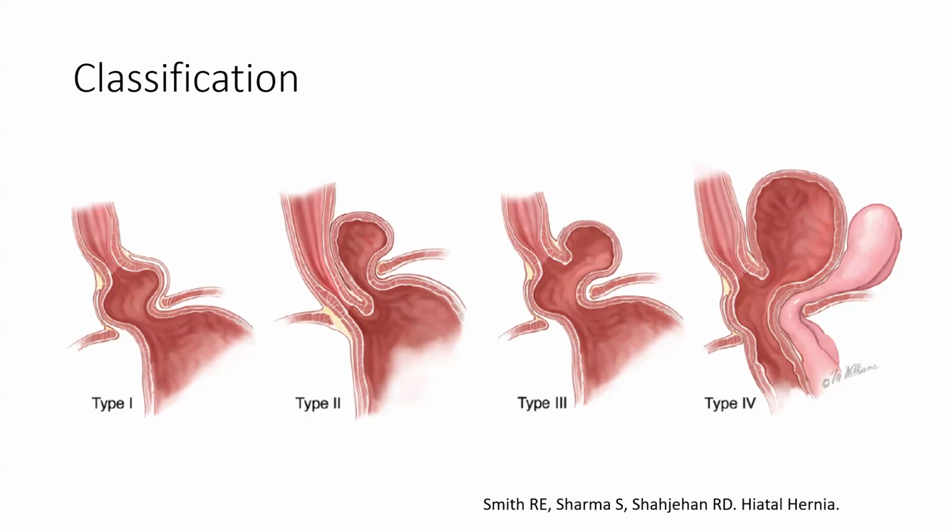Type 3 is the paraesophageal hernia combined with the sliding hernia, where both the gastroesophageal junction and a portion of the stomach have migrated into the mediastinum. In type 4, the stomach and an additional organ such as colon, small intestine, or spleen herniate into the chest.